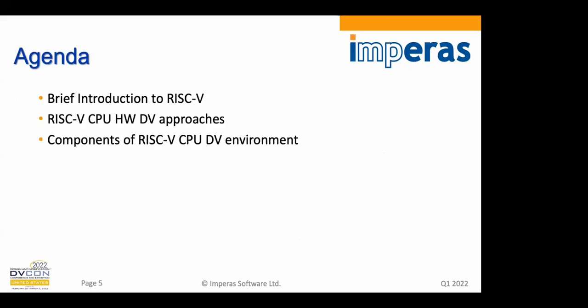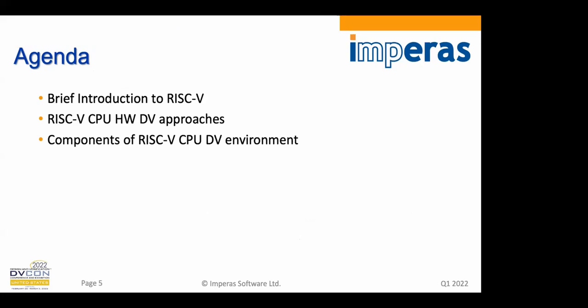Now, in terms of an agenda, we're going to start with a brief introduction to RISC-V to get you up to speed on where it is, and then really focus on the CPU hardware and the DV approaches that people are using to get quality products developed.